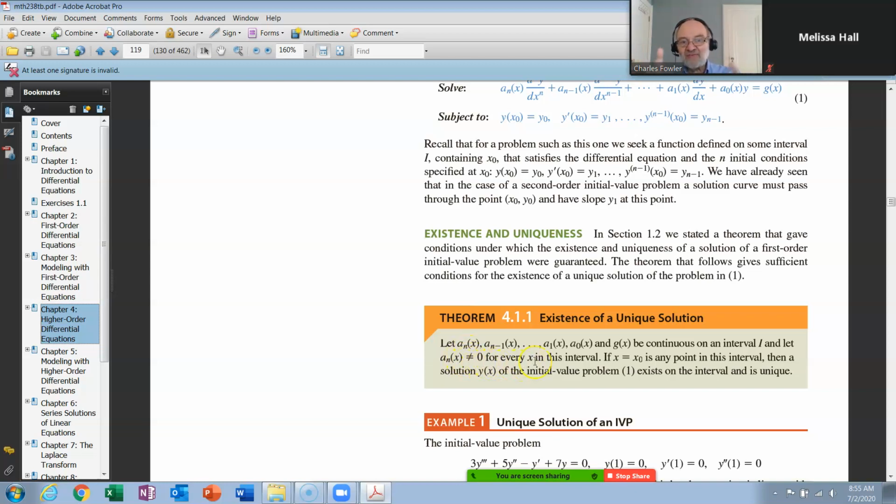For every x in the interval, and that's the one I tried to point out to you, if that a sub n could be a 0 anywhere, that may throw a... what was the term they used for those solutions?